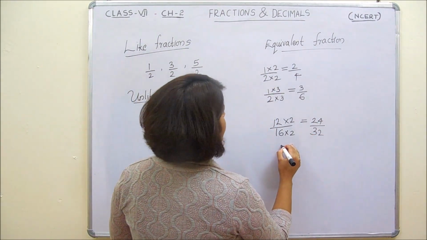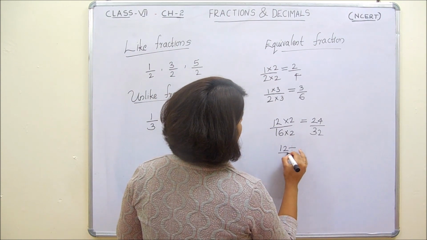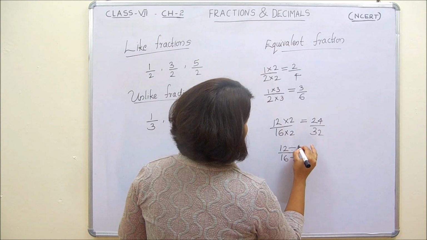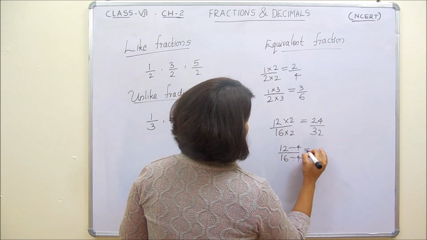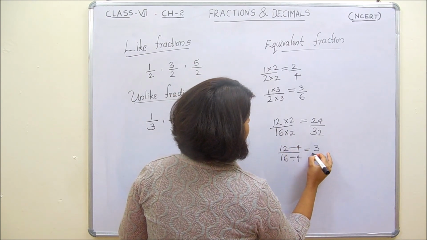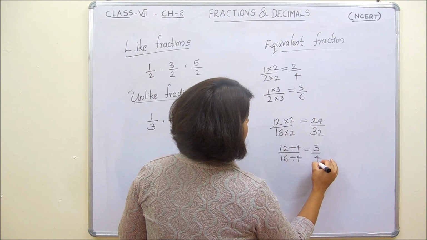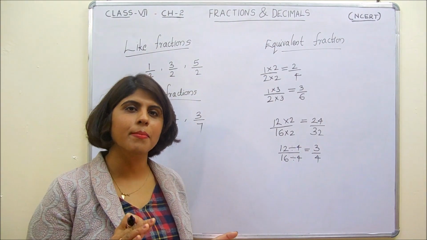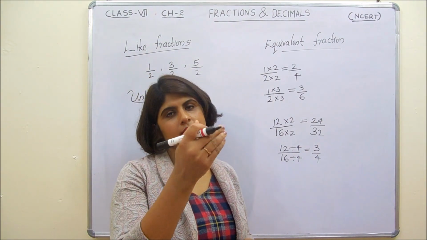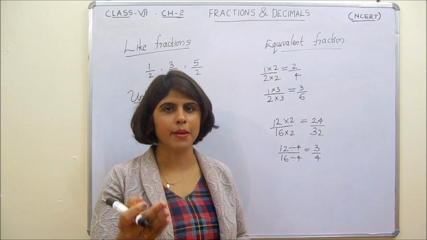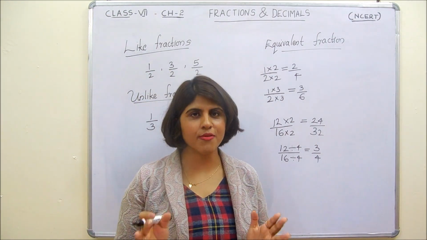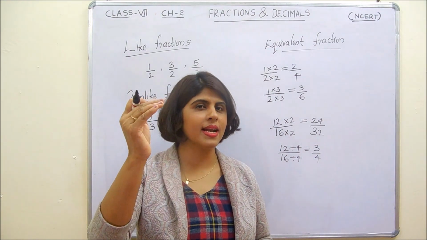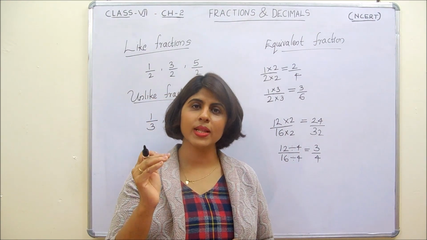And if we are dividing this numerator and denominator by the same number, I am dividing by 4, then what will you get? 12 divided by 4 is 3 and 16 divided by 4 is 4. That is, we can find the equivalent fraction of a given number by dividing the numerator and denominator by the same number. Okay, so equivalent fractions we can find out by multiplying or dividing both the numerator and denominator with the same number.